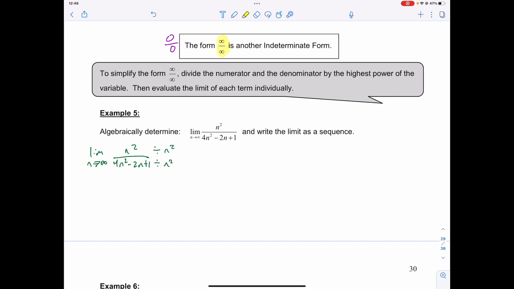We can see that that is the highest power of n. Then I look at the individual terms. So I'm going to say that this is going to give me the limit as n approaches infinity of n squared over n squared divided by 4n squared over n squared minus 2n over n squared plus 1 over n squared.